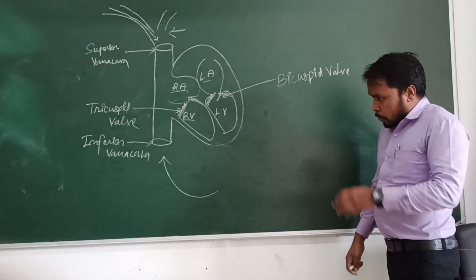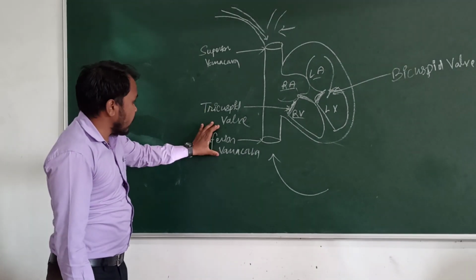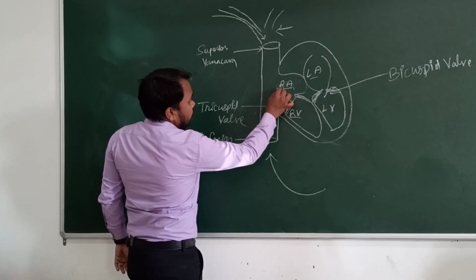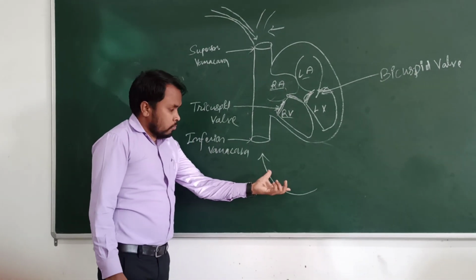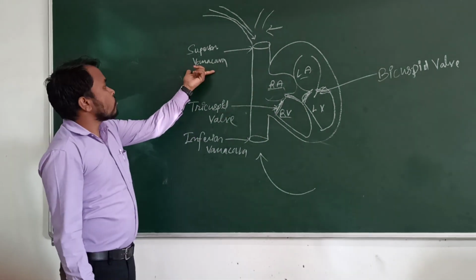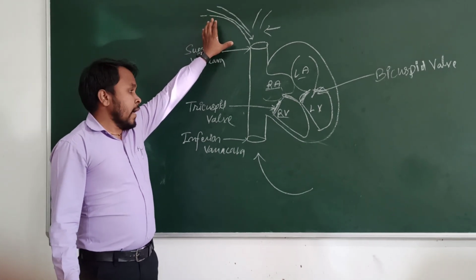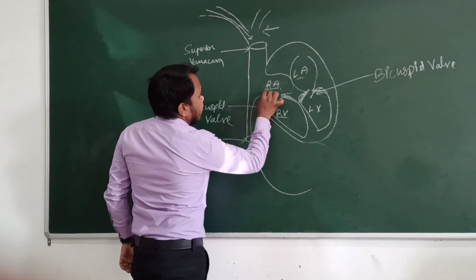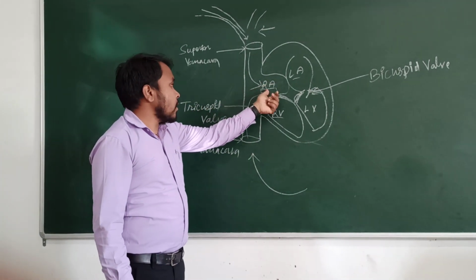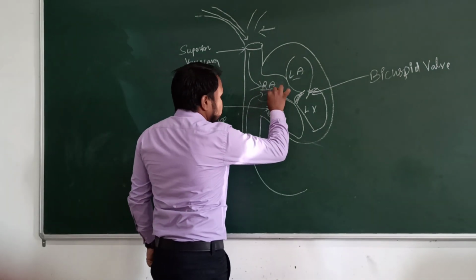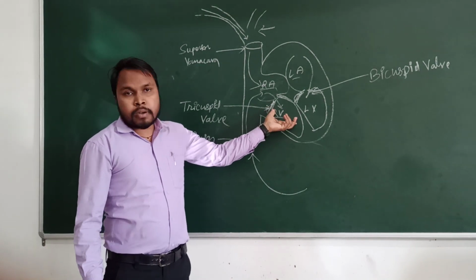So, first of all, from the superior vena cava and inferior vena cava, the right auricle receives blood. Inferior vena cava brings blood from the inferior side of the body, and superior vena cava brings blood from the anterior part of the body, and this blood will reach the right auricle, and after reaching the right auricle, this blood will go to the right ventricle, and this right ventricle is the most important chamber.